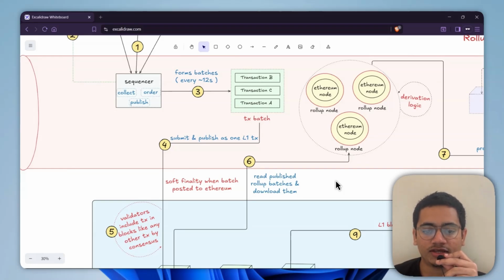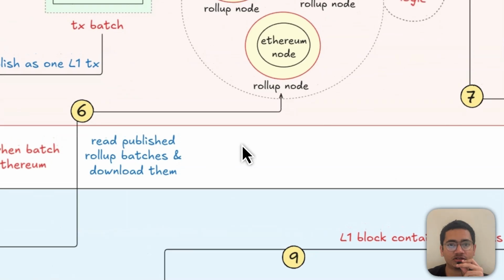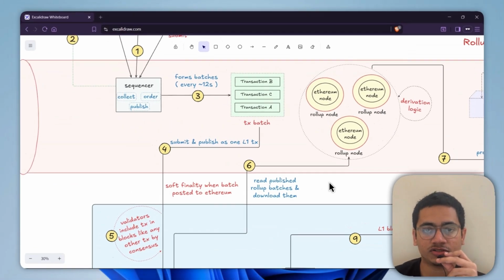The main thing here is that it doesn't execute the transactions. It doesn't know the correctness of the execution of these transactions, which the sequencer does. It just stores the data, accepts it, and orders the transactions.